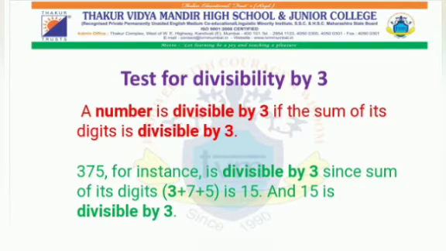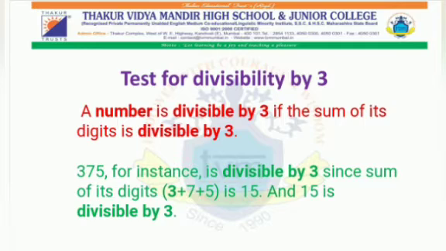Let us understand the test for divisibility by 3. A number is divisible by 3 if the sum of its digits is divisible by 3. Now students, let us consider one example. 375 for instance is divisible by 3 since the sum of its digits, that is 3 plus 7 plus 5, is 15, and 15 is divisible by 3.